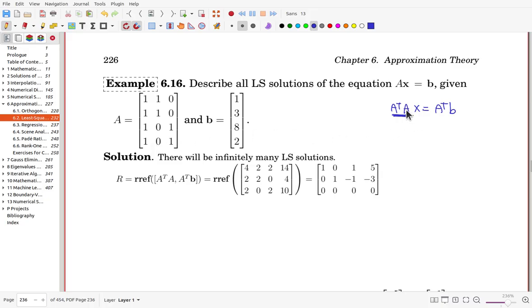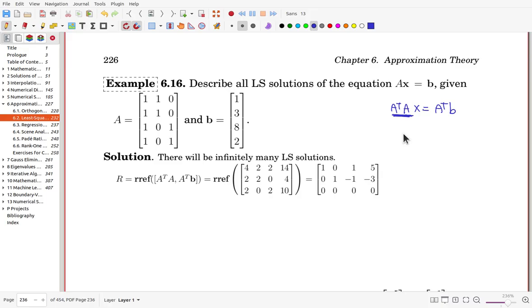So once you try to solve the normal equations, once you have a solution, there will be more than one solution. So either it has no solution or infinitely many solutions.